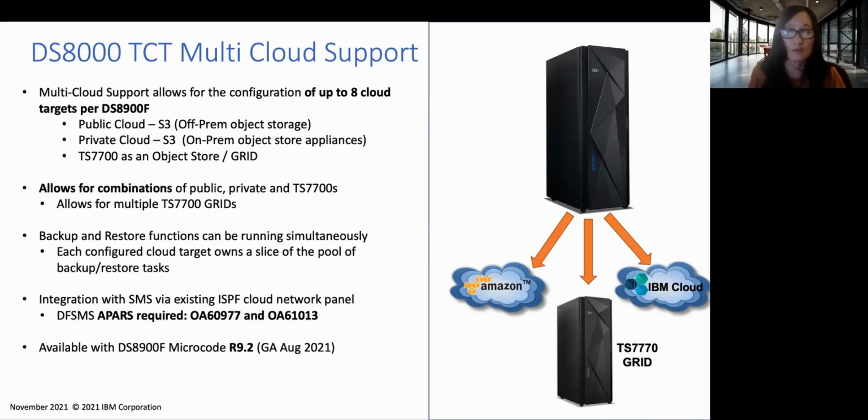You can even configure all 8 of them to a single TS7700 grid or multiple TS7700 grids. And we'll again get into why you would want to do that because of the policy management.